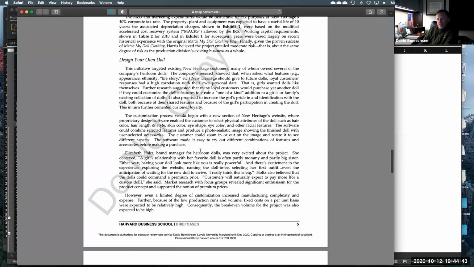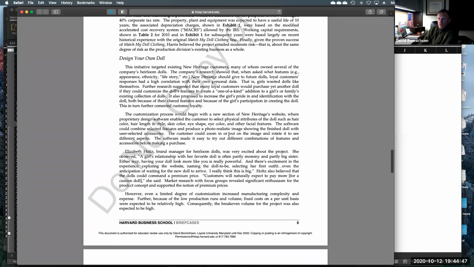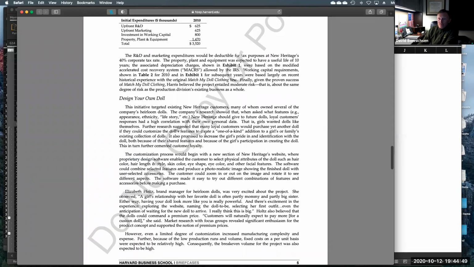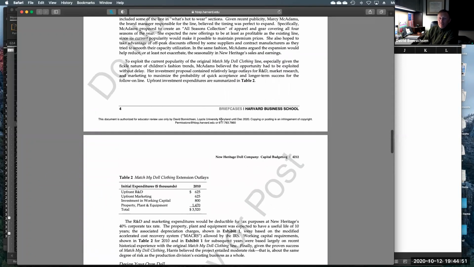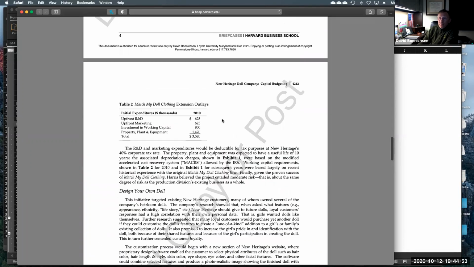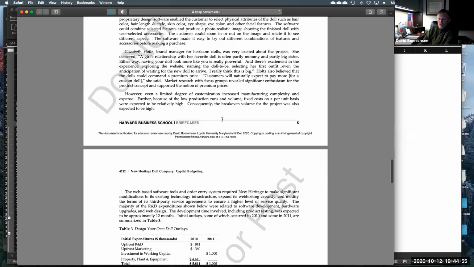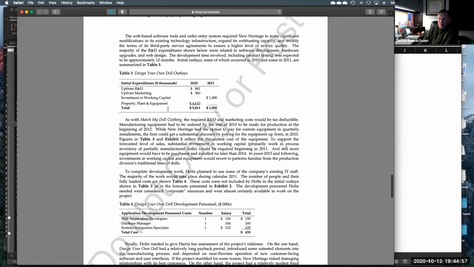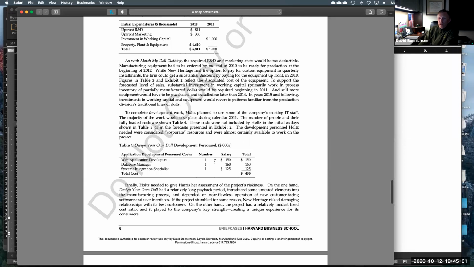It will give you information on the second project, the design your own doll project. And it gives you the same type of information that you got for the Match My Doll clothing line expansion, with initial capital expenditures. Gives you information around the additional salary costs, the production cost changes.